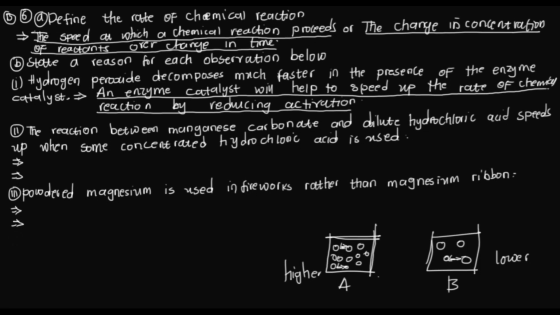So that is how a higher concentration makes the reaction faster. You can just picture being in a crowd where there are a lot of people. It is very easy for you to bump into someone compared to where there are fewer people. That is also what happens whenever we are dealing with a reaction.